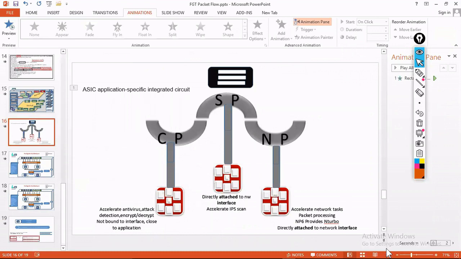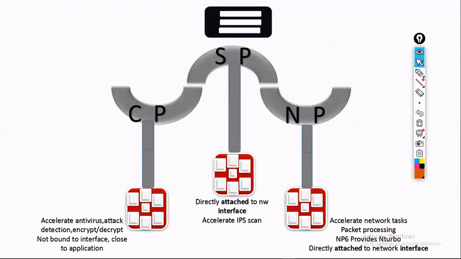When we talk about ASIC, we have three different kinds of processors: one is CP, one is SP, one is NP. NP is the network processor, which deals with network-related tasks, routing and switching. These are all handled by the NP. This is connected to the interface. SP is also connected to the interface. But what does SP do? SP does IPS scan.